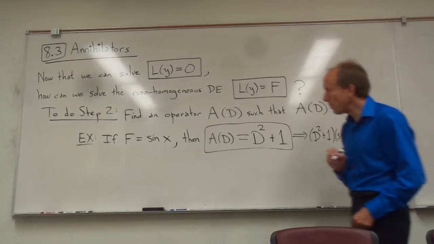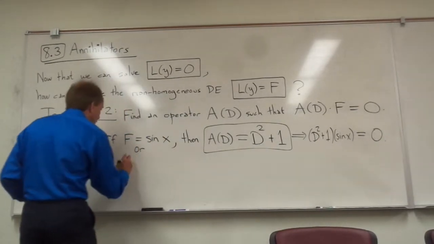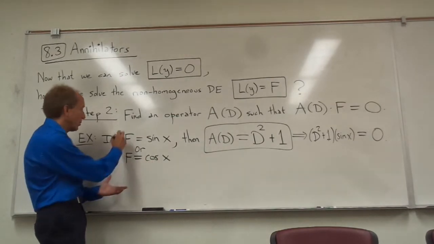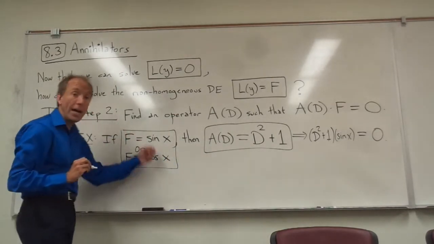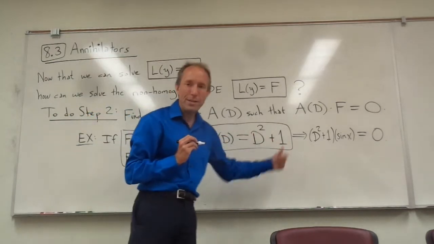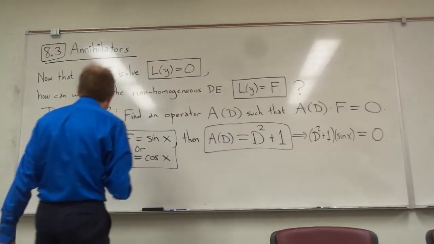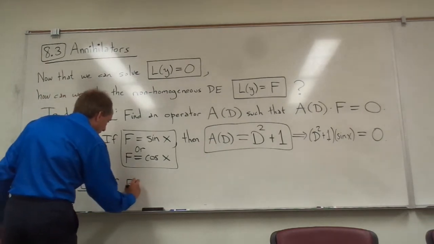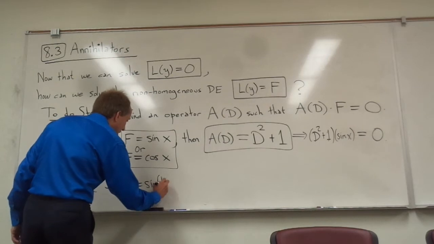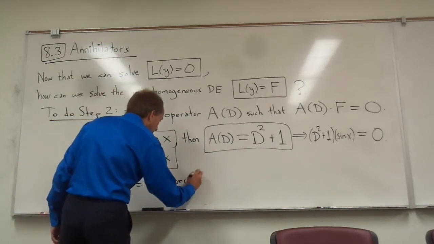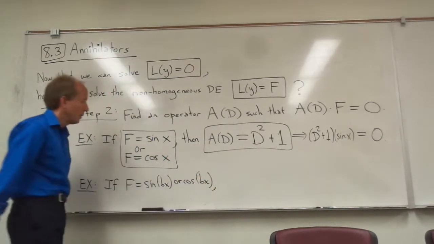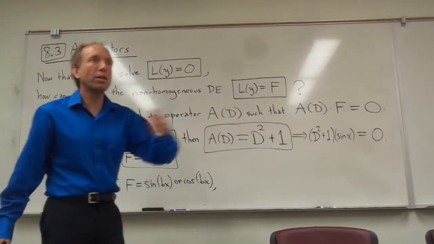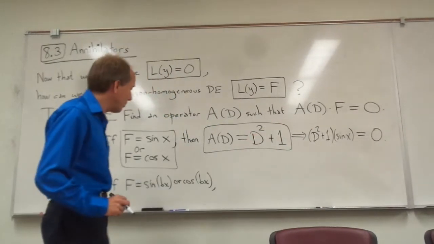And actually, the same annihilator would work for cosine of x. So I'm just going to add that here as well. If you have sine or cosine of x, you can annihilate it with D squared plus 1. More generally, if you have sine of bx or cosine of bx, when you take derivatives, you're going to be pulling b's out in front every time you take a derivative.